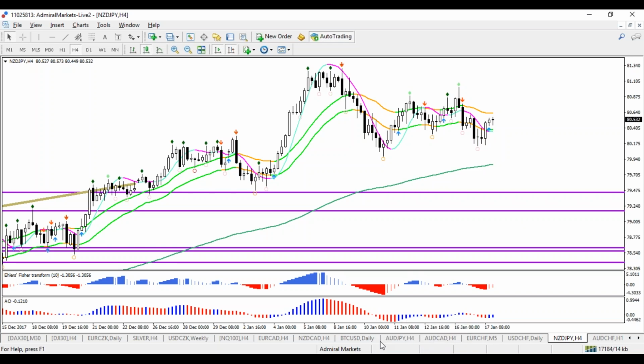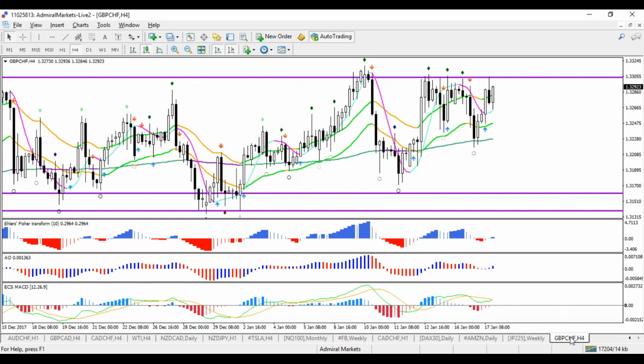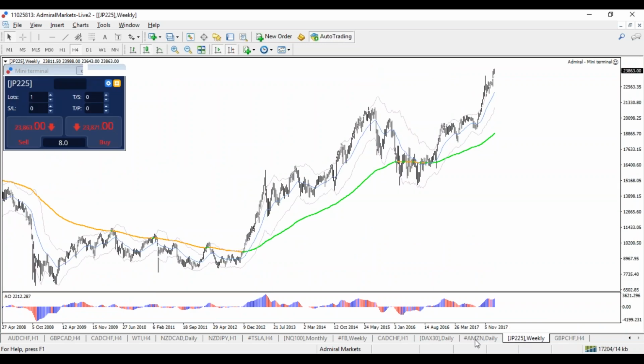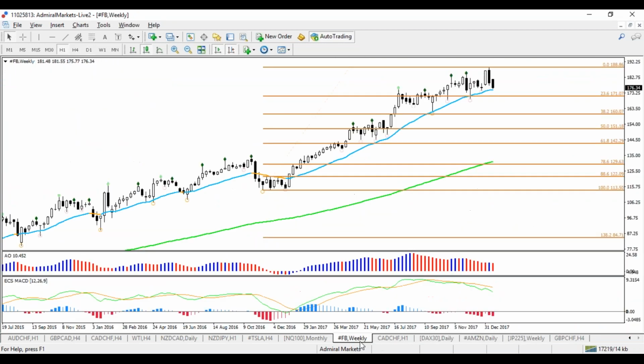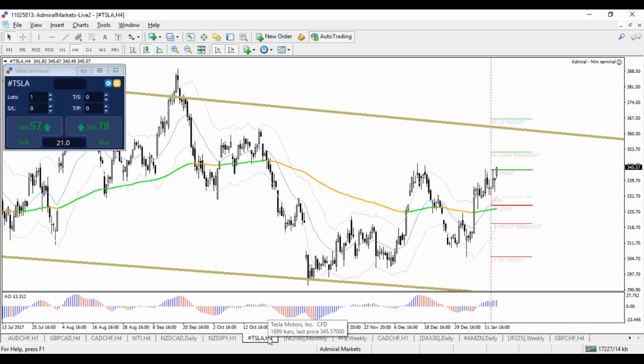What we can take a look at still at S&P 500. Facebook and Amazon are making some correction here to the downside. We talked about that yesterday.